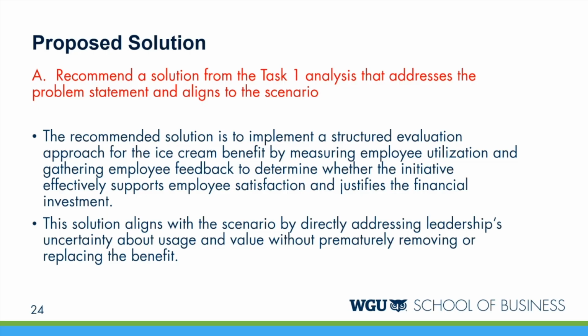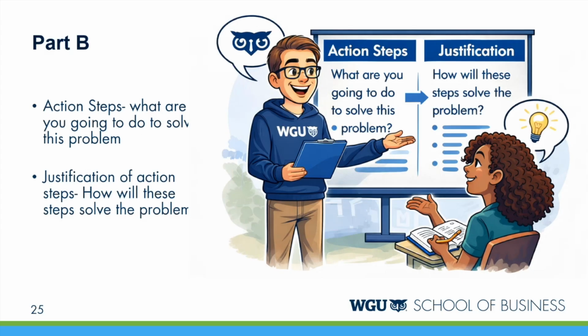And then the second part of this is the solution aligns with the scenario by directly addressing leadership's uncertainty about usage and value without prematurely removing or replacing the benefit. We're analyzing whether it's important to the employees or not and whether it's worth the investment to keep going. Part B, these are the action steps. What are you going to do to solve this problem? And then justification. How will these steps solve the problem? So there's 2 parts to part B.